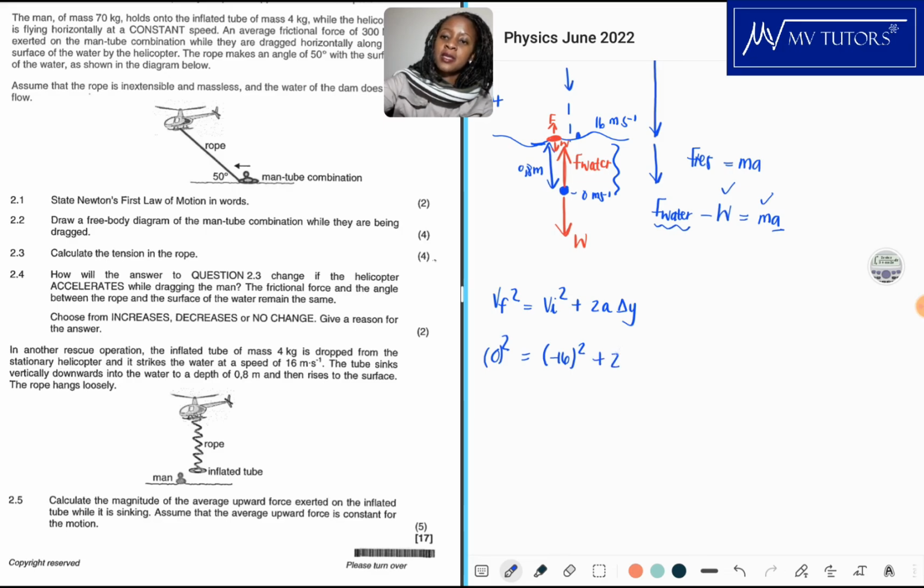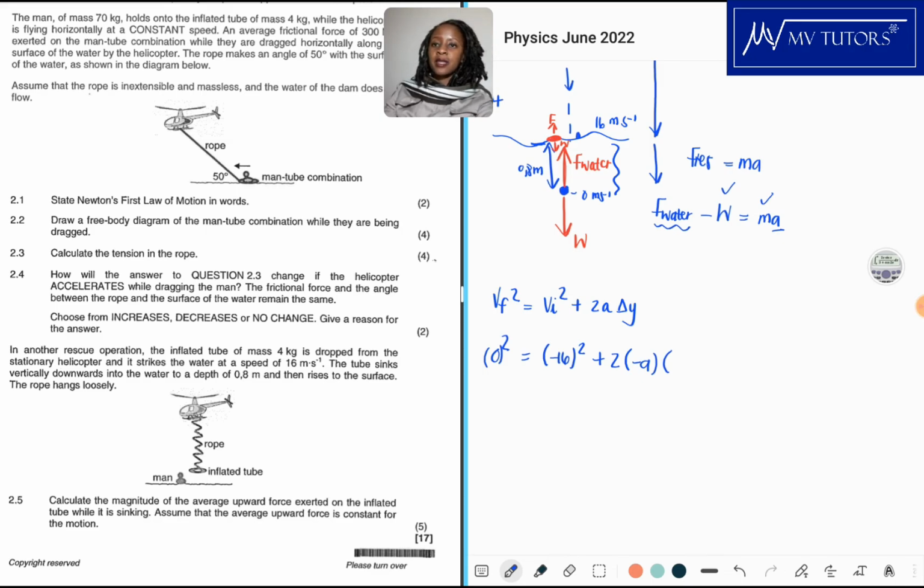Then we have 2 times acceleration, but it's slowing down while still sinking beneath the water, so you put negative a there. And then our delta y is going to be 0.8.